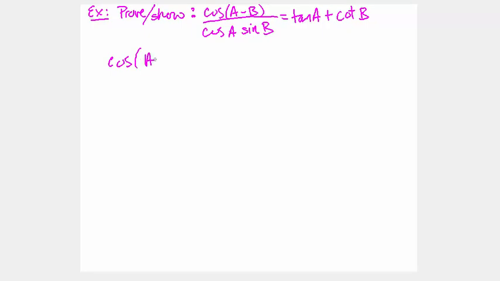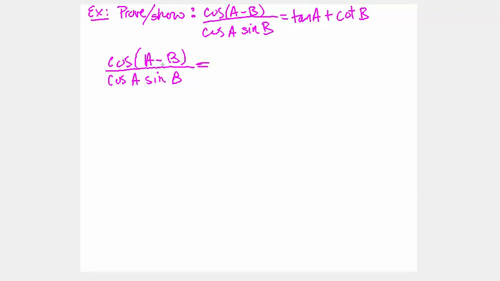We have the cosine of a minus b over the cosine of A times the sine of B. Now the thing that should be jumping out at us is the numerator of this fraction, which is a difference of angles cosine identity. So let's go ahead and just rewrite that using that identity to get going here.